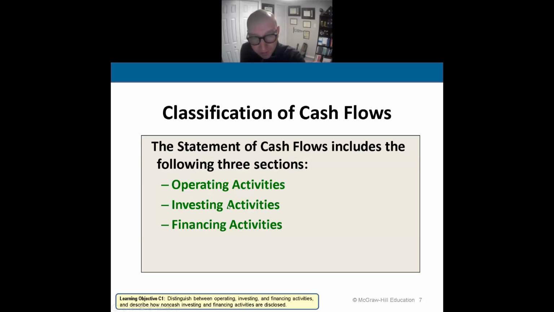And financing activities, cash coming in from a loan that we took out, a bond that we issued, sold some shares of stock, etc. And then the outflow would be paying a dividend, repaying a loan, repaying a bond, etc.